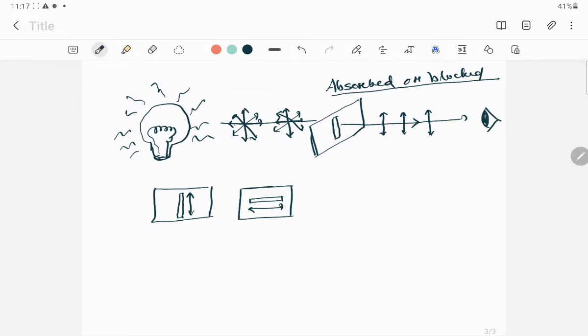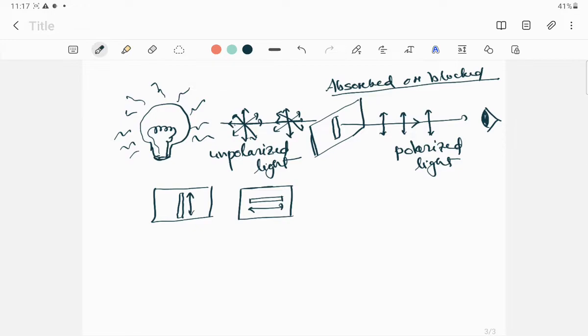This is called polarized light, and this is the unpolarized light. So this is a way of production of polarized light.